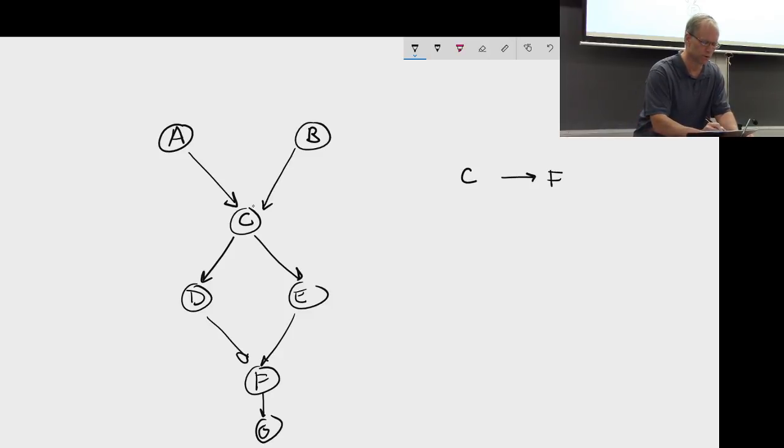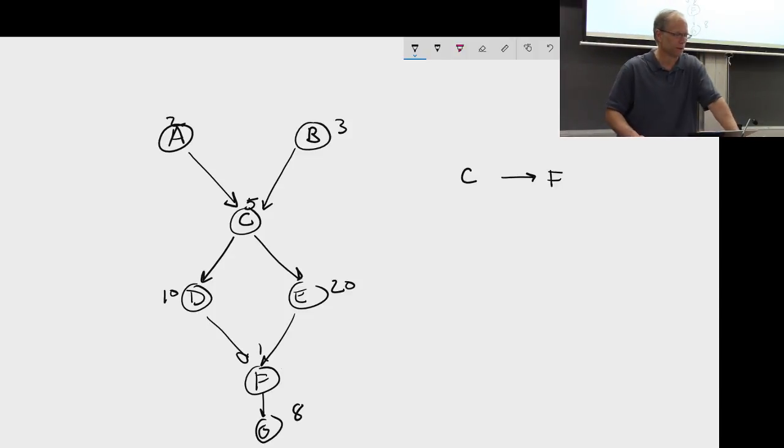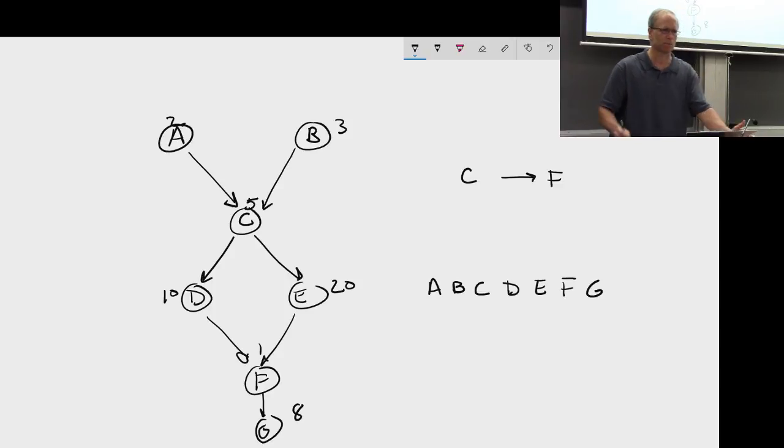And there's various entry fees. There's a $5 fee there, a $2, a $3, a $10, a $20, $1, and an $8. So if we topologically sort it, what do we get? We're going to get A, B in some order, and then C, and then D, E in some order, and then F and G. So alphabetical order in this case happens to be a topological sort.